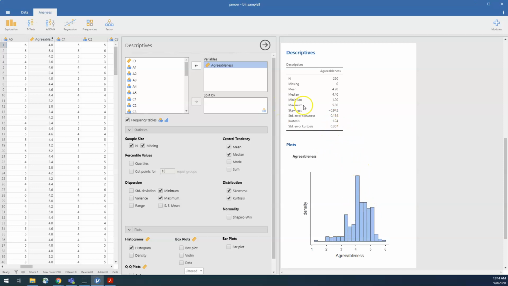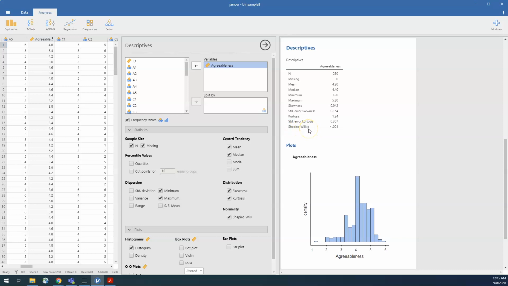So if you have skewness and kurtosis values, you can interpret those, and you can choose based on what you're finding whether you're going to deal with the problem or not. Another way you can tell if it's sufficiently problematic is this Shapiro-Wilk test. It's categorized as a normality test, and if you check on that, it will give you a Shapiro-Wilk p-value.